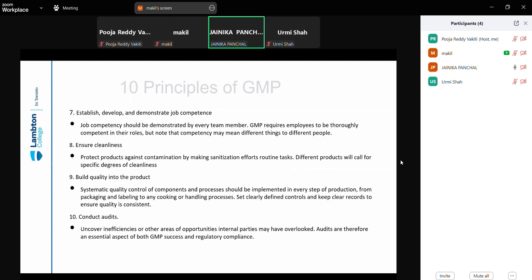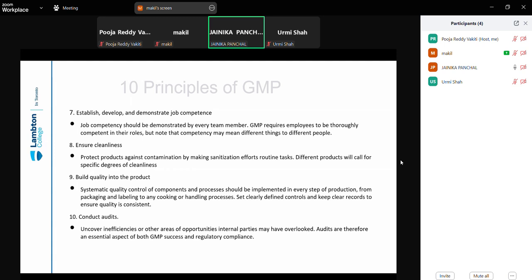The next one is build quality into the product. Quality is necessary for all. Quality must be controlled at every stage from raw materials to the packaging. Clearly defined process controls and proper record keeping ensure product consistency. And the final one, conduct audits.